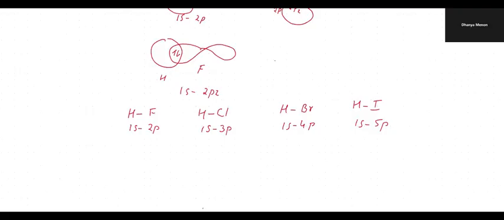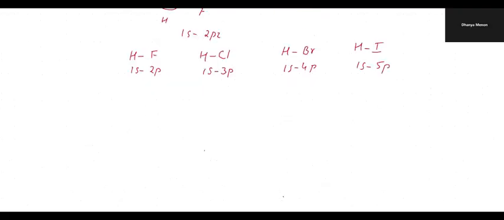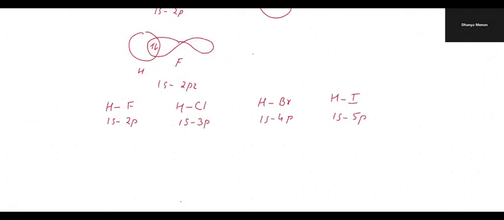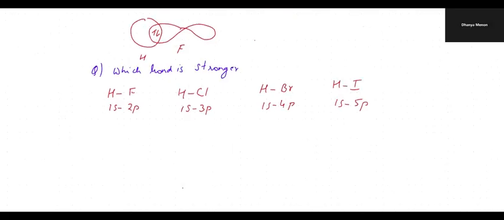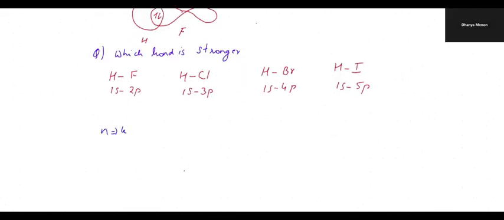Now, from here, if a question is asked which bond is stronger, or to arrange bonds in increasing or decreasing order of bond strength, you must remember: if the N value is less, that means it is close to the nucleus.